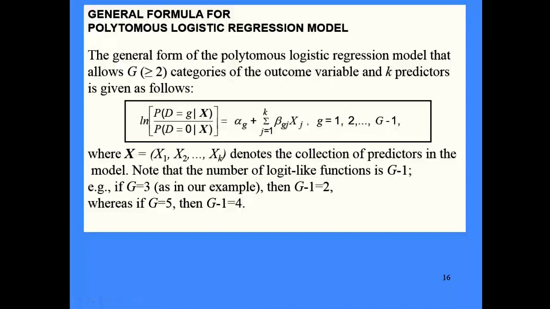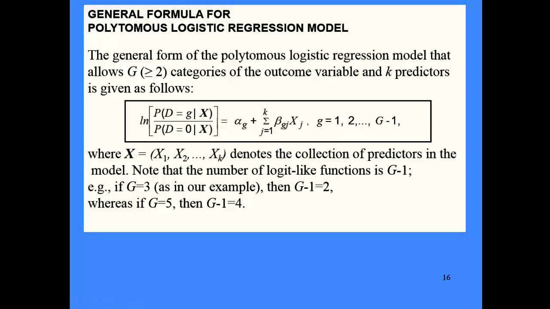So that's the general form of the model. It's just a way of putting it together, but if you specify the G, you get each of the different components. If G is equal to 1, you have alpha 1 plus the sum of beta 1G xj. If G is 2, you get alpha 2, and so on. So if capital G is 3, you're going to get two versions of this model. That's the general formula for the model. Is this the worst thing you've ever seen?